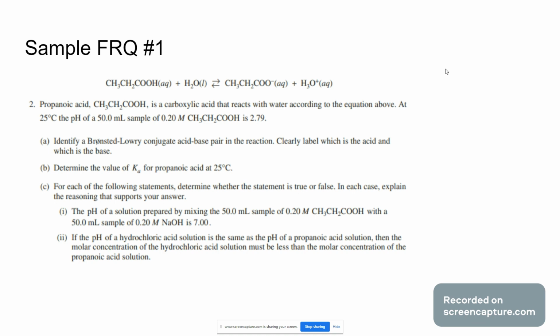So it's only asking for one pair, so we can say propanoic acid is the acid, and then its conjugate base is CH3CH2COO minus. So those two. And then it's asking you to determine the Ka for propanoic acid at 25 degrees Celsius.